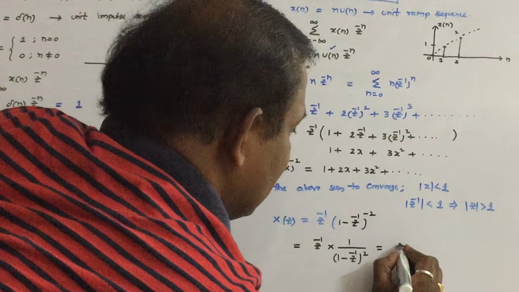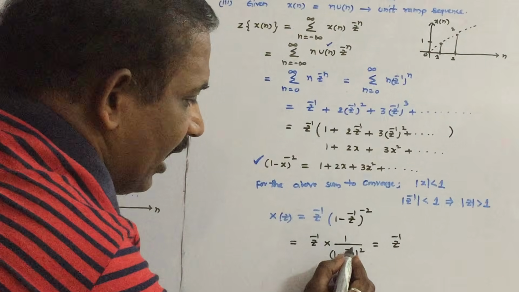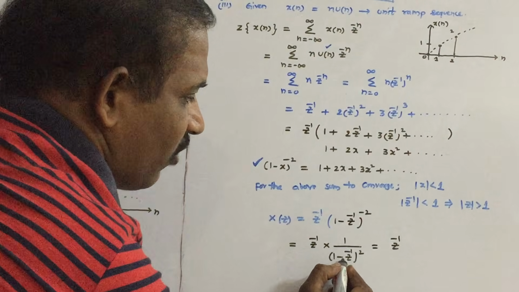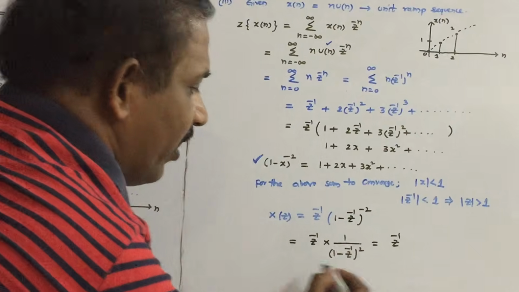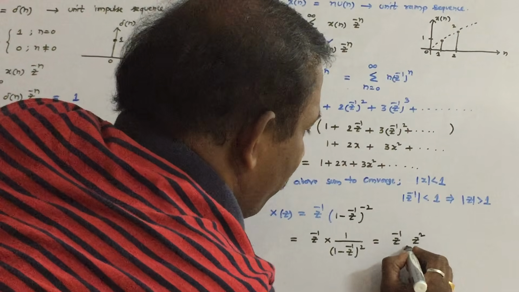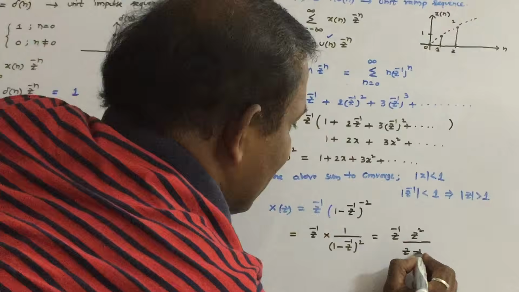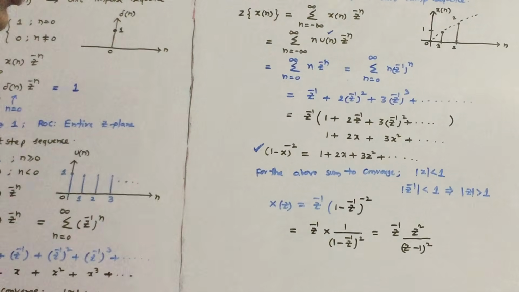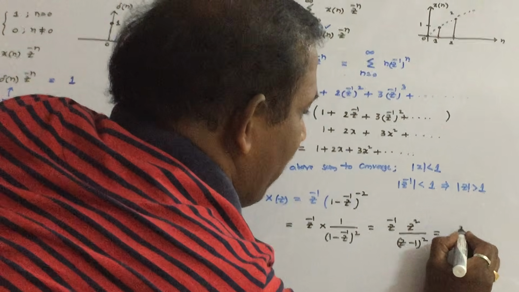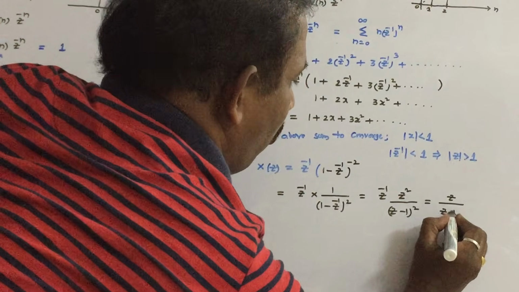If you take z, write it as 1 by z minus 1 whole square by z square. Take z square to the numerator. It will become z square by z minus 1 whole square, which will become z by z minus 1 whole square.